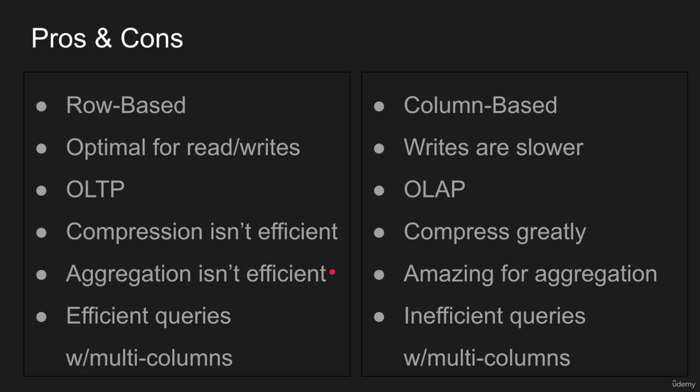Aggregation, we saw how poorly the row-based database did with the aggregation. I mean, we had to query the whole table, but we pulled lots of information that we didn't need. So column-oriented databases were more efficient when it comes to aggregation, because we fetch only what we need and we work on that.